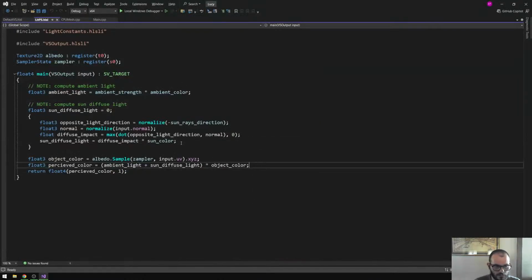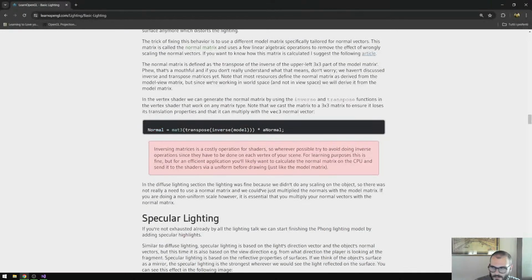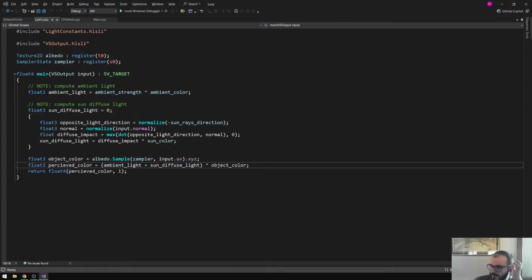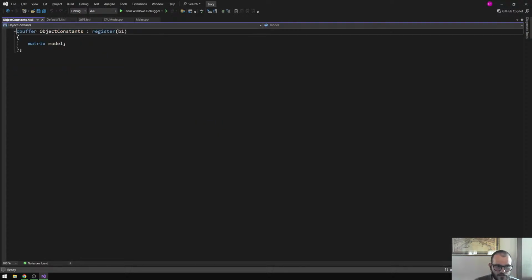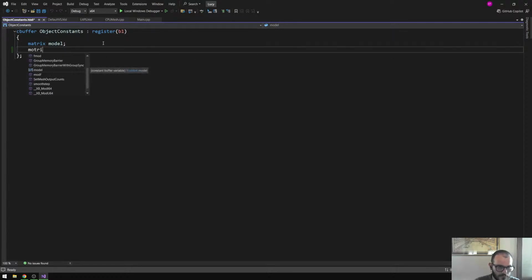So that's basically what we want. With the camera constant, I intend to pass the normal matrix as a constant, and I think it should stay in the matrix normal.